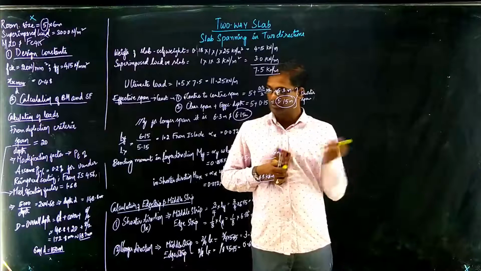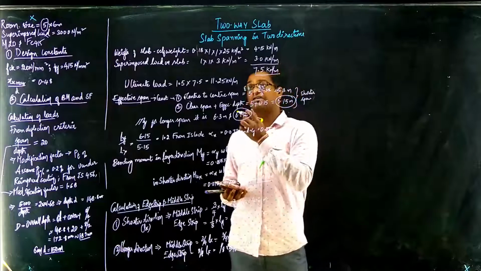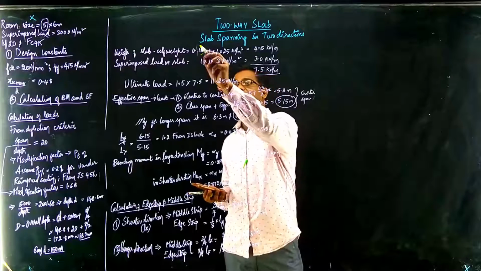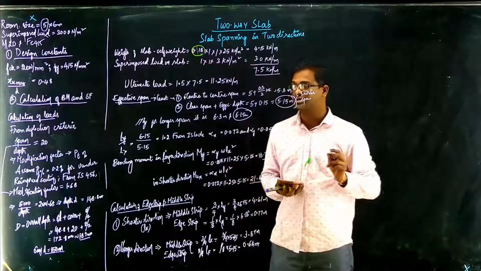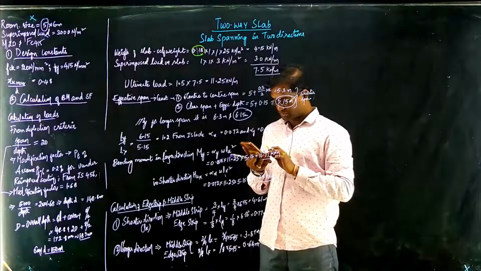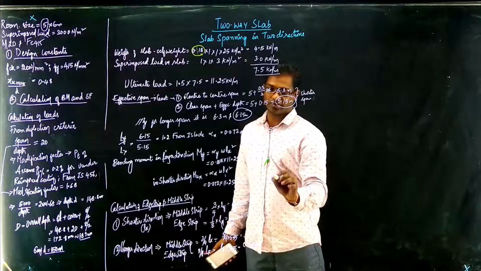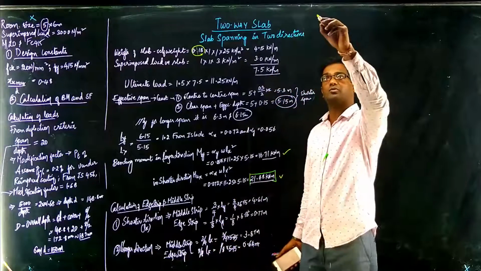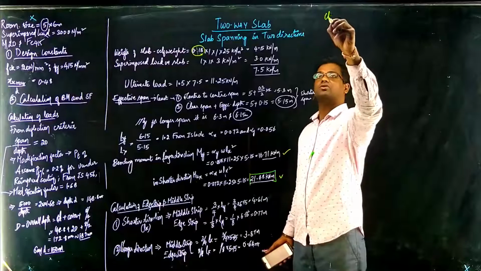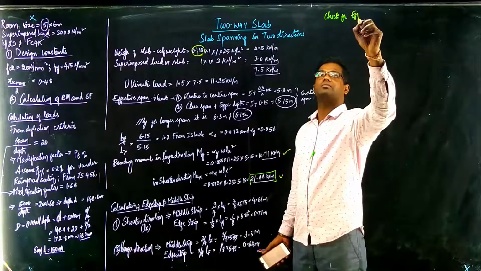Next, when you have got edge strips and middle strips, let us check whether the given thickness of slab is able to resist the bending moment which is given. From these both, the highest being 21.48, we'll take that moment and we'll check for effective depth.